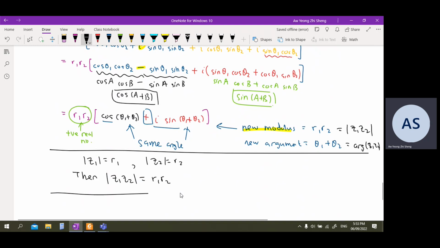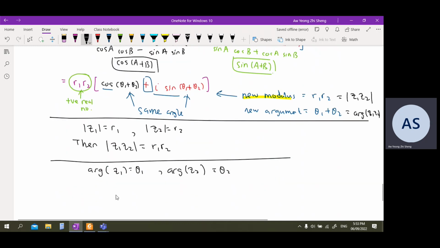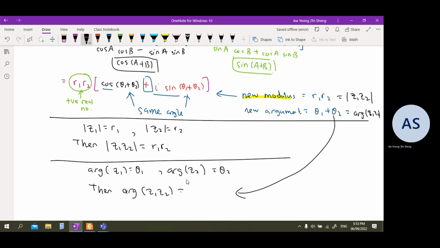This is a general result. Also, if the argument of Z1 is theta 1 and the argument of Z2 is theta 2, then by what we had just obtained earlier, the argument of Z1 Z2 is theta 1 plus theta 2.